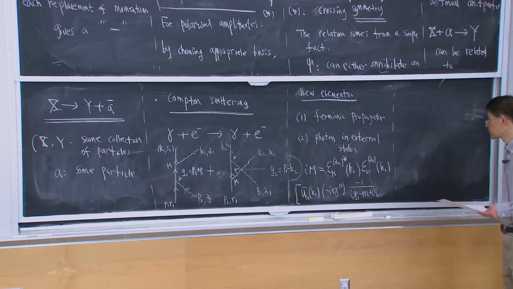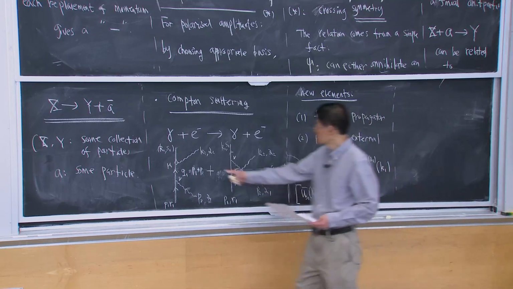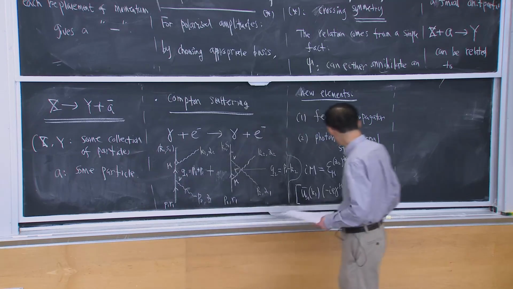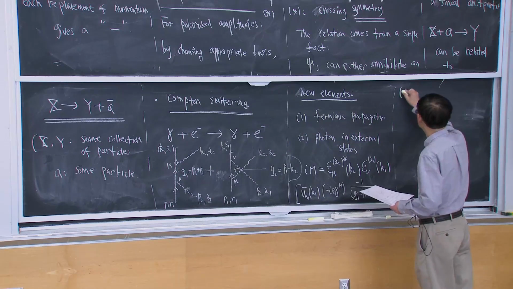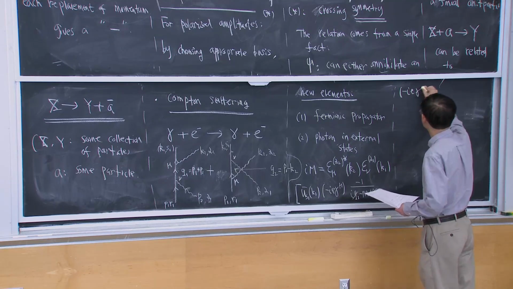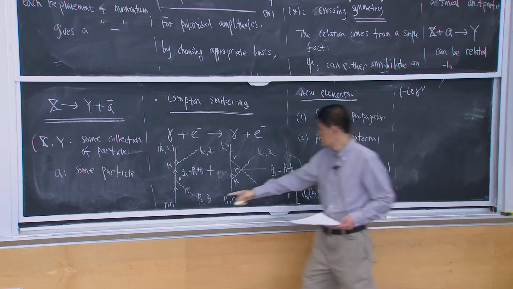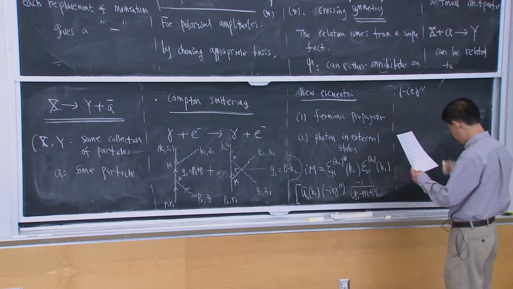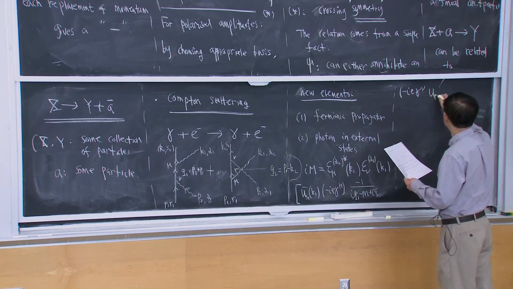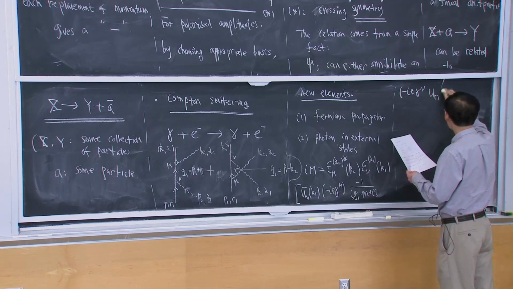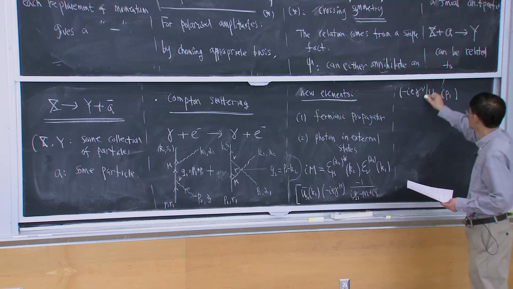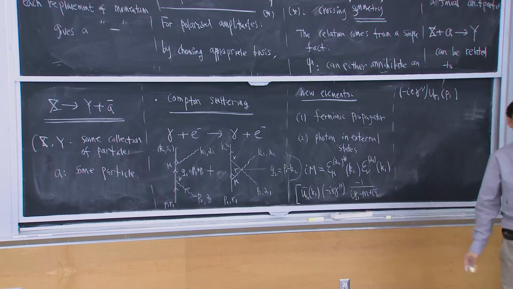So I did the final state, the intermediate propagator, and then another vertex, and then the final. So that's that diagram.